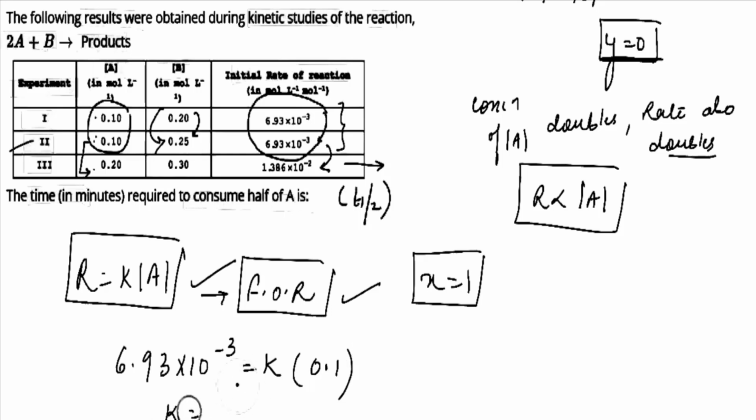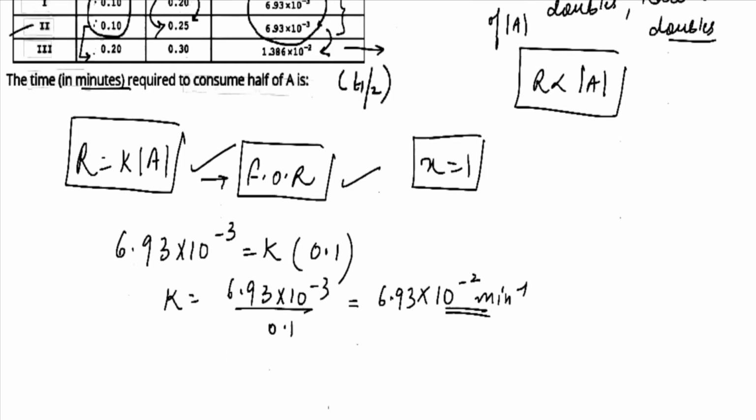So from here the value of K comes out to be 6.93 into 10 to the power minus 3 divided by 0.1, so this comes out to be 6.93 into 10 to the power minus 2. And what will be the unit? They have given mole per liter per mole inverse. No, this will be minute inverse. This is the unit of K for the first order reaction.